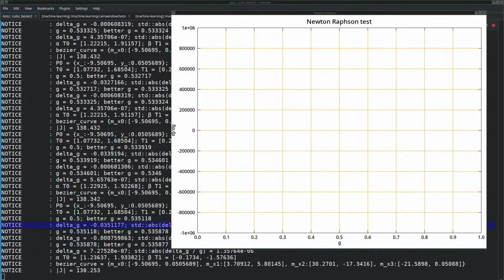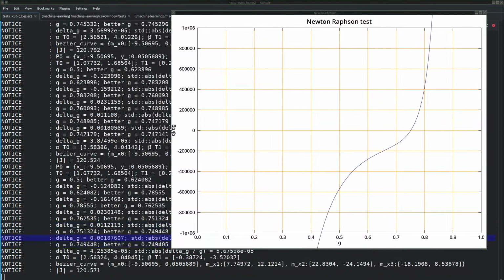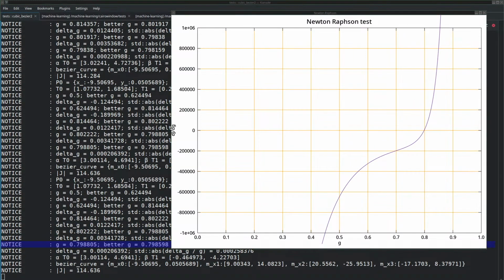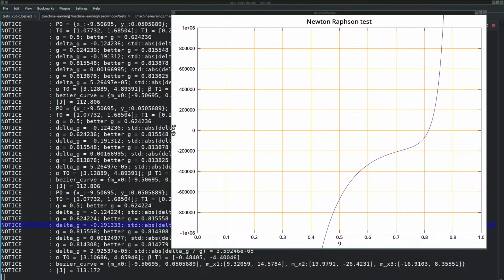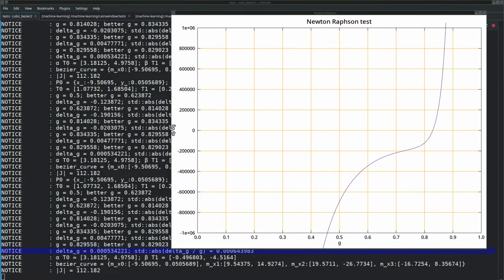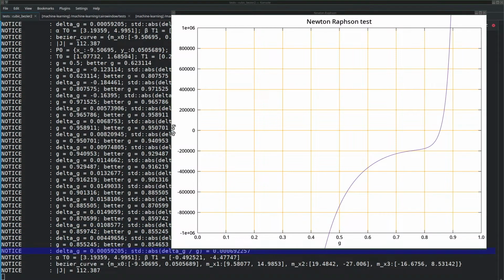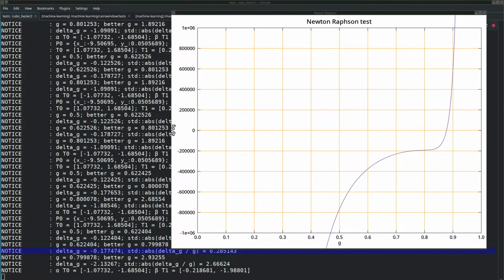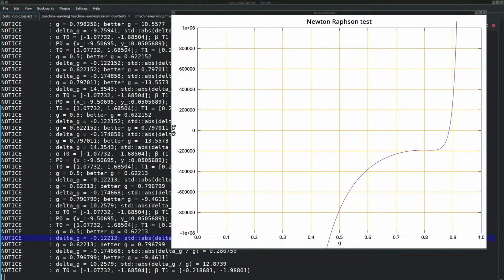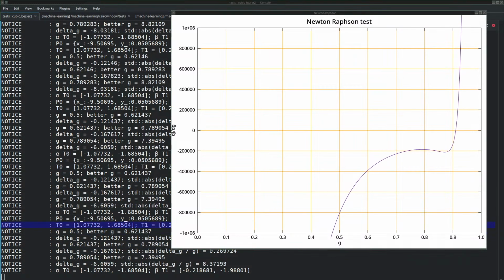And it just holds and holds. It holds until we curve backwards, like this.